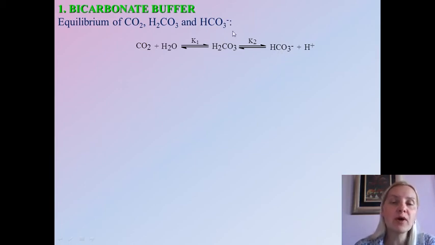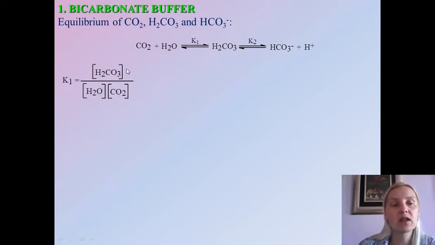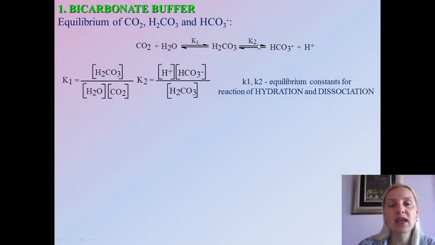For both of these equilibriums we can write the equilibrium constant. This is the equilibrium constant for hydration, K1, and if you remember our chemistry course, it is the ratio between the product of concentrations of products and the product of concentrations of reactants, and we can do the same for K2, which is the dissociation constant.